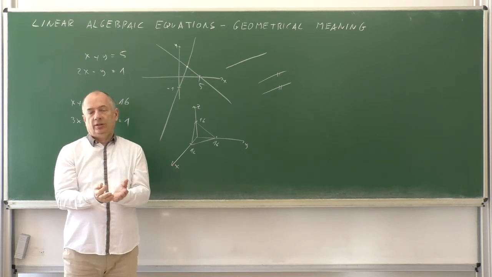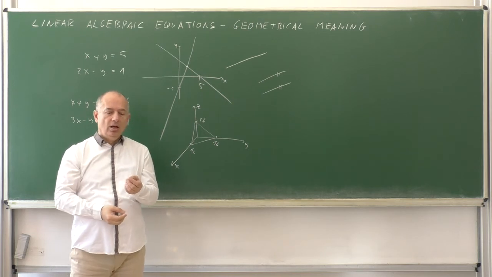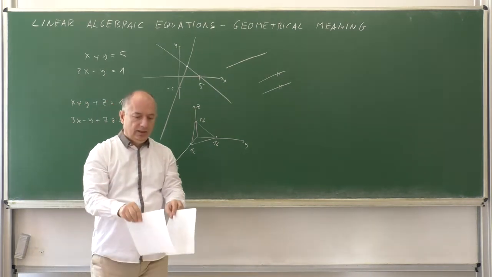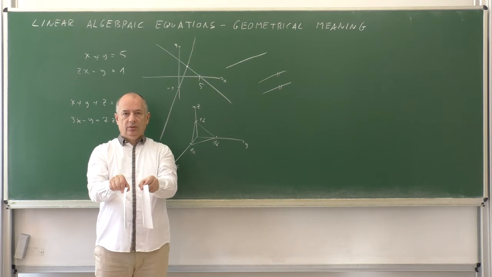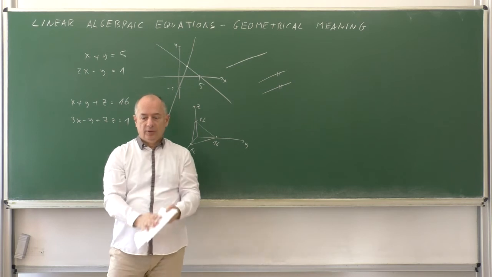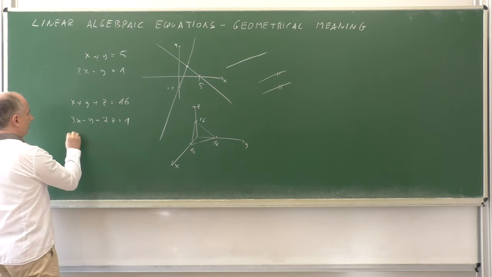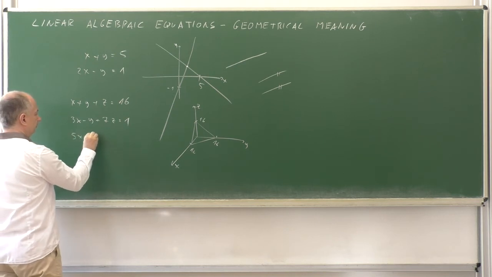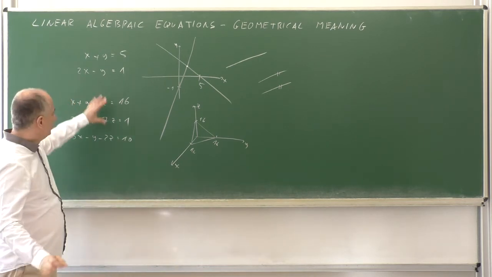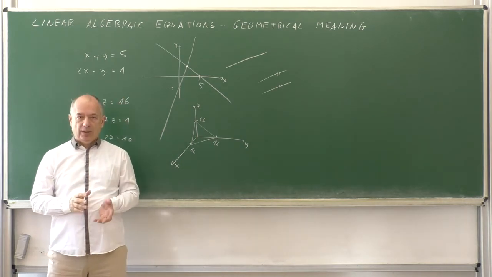And two planes, in a typical case, intersect in a single line, or they may be parallel with no intersection, or they may be identical with infinitely many intersections. And if we have three equations, then this describes the intersection of three planes in a three-dimensional space.